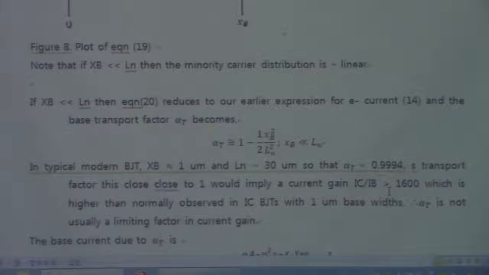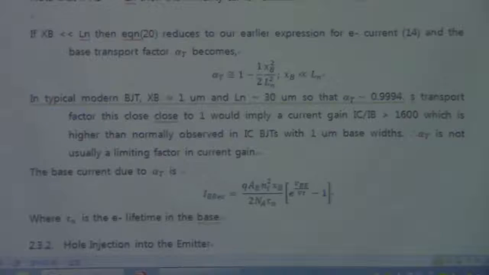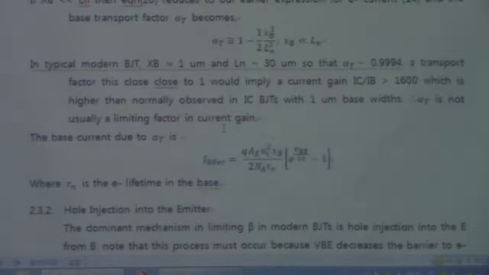This implies the current gain is more than 1600, which is higher than normally observed in IC bipolar transistors with 1 micron base width. The transport number is not usually a limiting factor in the current gain. It's big enough.